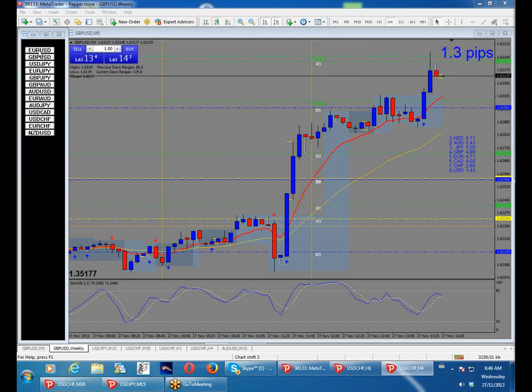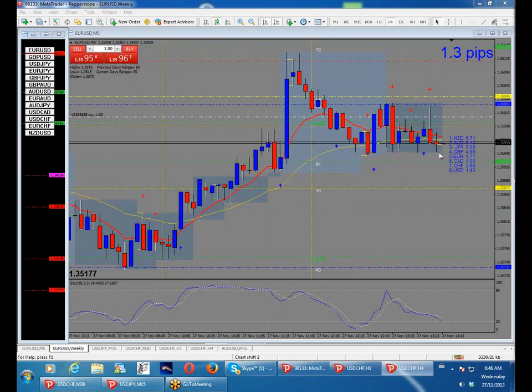So on my EU that I have open right now, my stop loss would be right here, at the bottom of the previous box, and my take profit would be the top of the box, or higher depending on what I see.